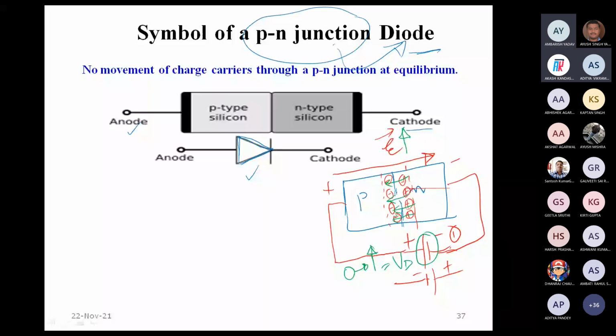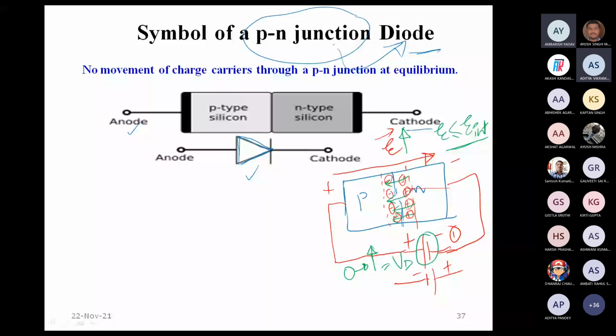The case when the external electric field is less than or equal to the internal electric field, then there is not much change in the behavior compared to the open circuit, when we didn't apply any voltage and just put the p and n type materials together. The only thing is that the strength of the electric field is going to decrease.